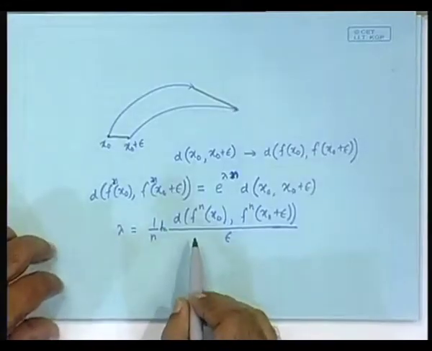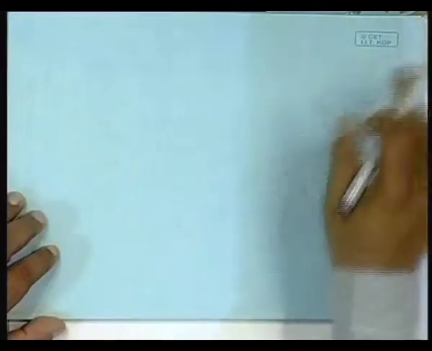Essentially what we do is, since we have to take the nth iterate of x naught as well as the moved one, x naught plus epsilon, nth iterate, essentially what is happening is we are looking at how the nearby regions expand.